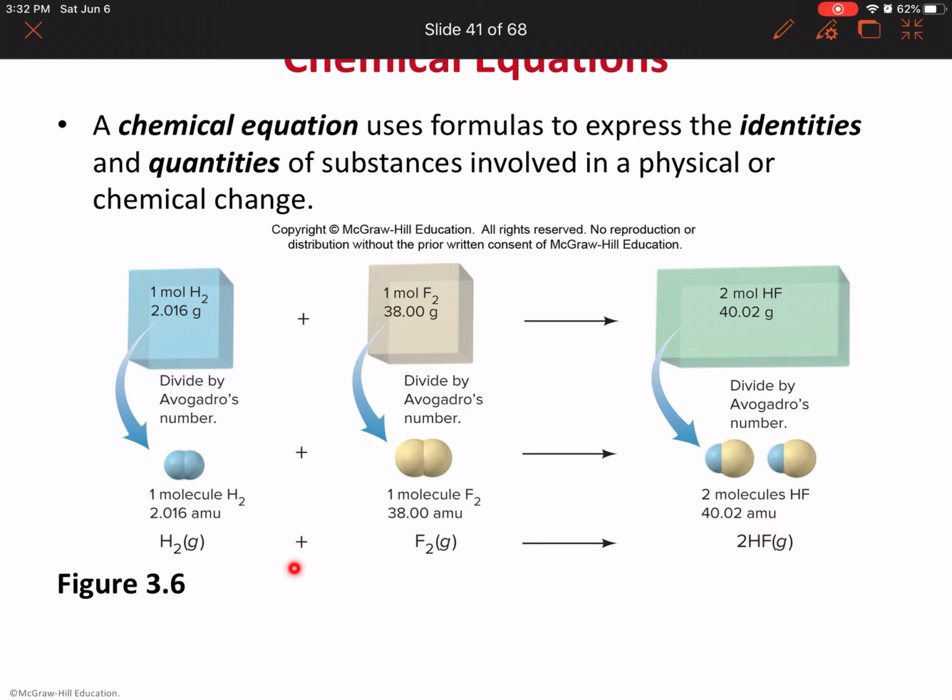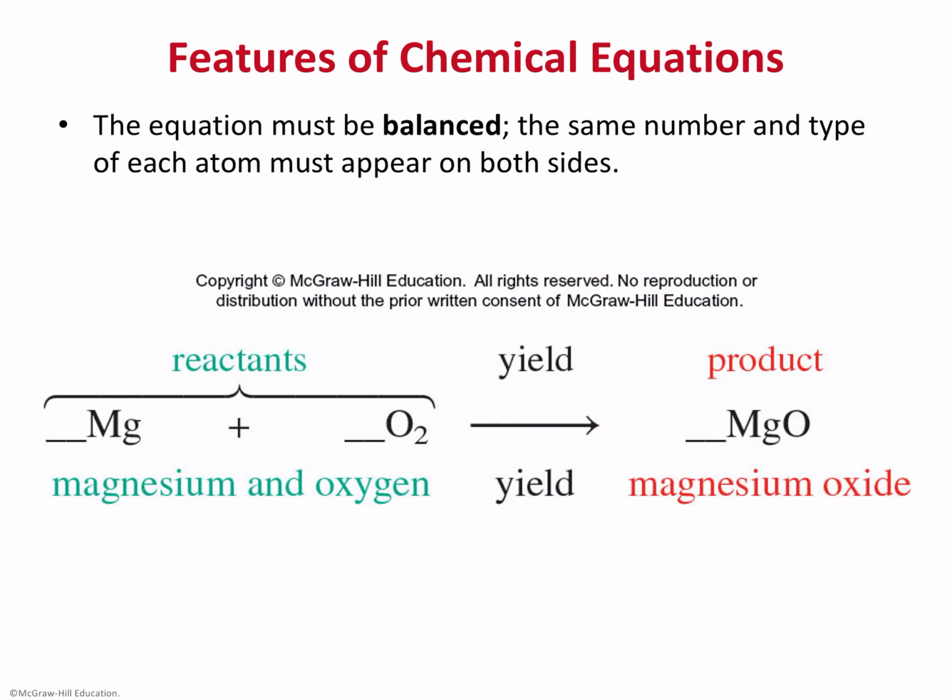And this is the equation in symbol form: hydrogen gas, fluorine gas, giving you 2 hydrogen fluoride gaseous molecules. 1 mole divided by Avogadro's number will give you the number of molecules. So we can find all that information in a balanced equation.